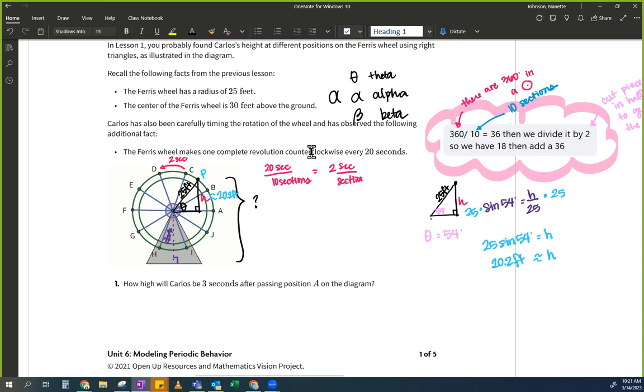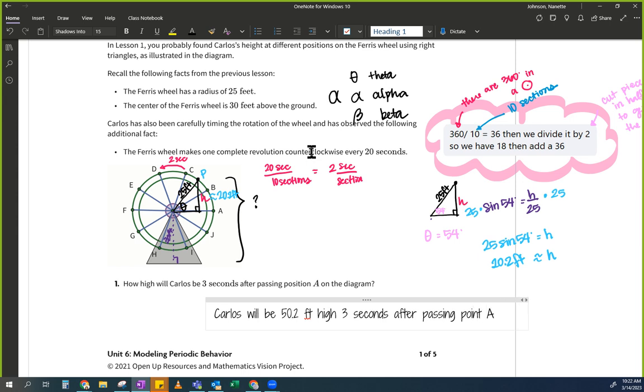Carlos will be 50.2 feet high 3 seconds after passing point A.